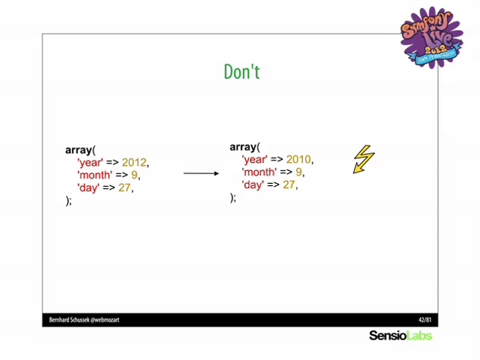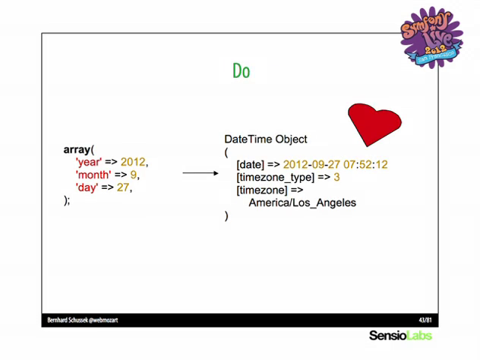I'm not going into the details of why you shouldn't do that, but you shouldn't. It's rather complicated. You can get some issues. It can be hard to debug later on. Always think of that. Transform between representations, but don't change the information. If you want to change the information, you should use events, and I will be talking about that later. Okay? So a much better way here would be to transform, for example, to a datetime object. This is a different representation of the same date. It contains more information, but that is not a problem as long as this process is deterministic. Okay?